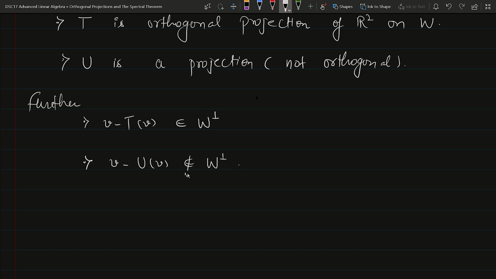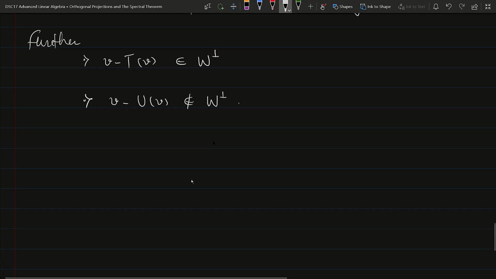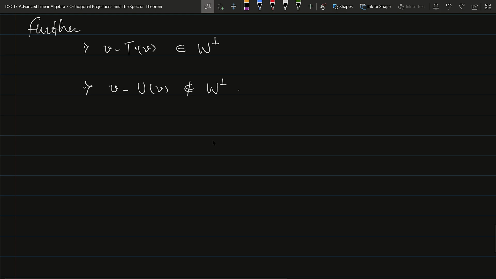So this is the major difference between an orthogonal projection and the normal projection. Whenever T is orthogonal, then v minus T of v is in the orthogonal complement. If U is not orthogonal, then this will not be an element of w complement. Now I hope you understood the difference between the orthogonal projection and an ordinary projection.